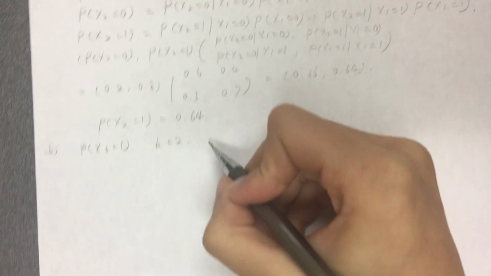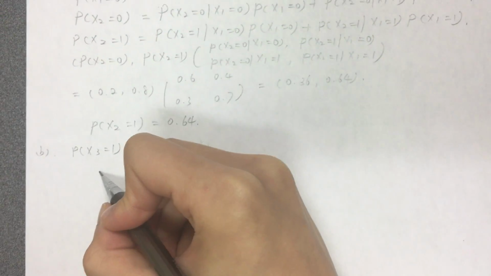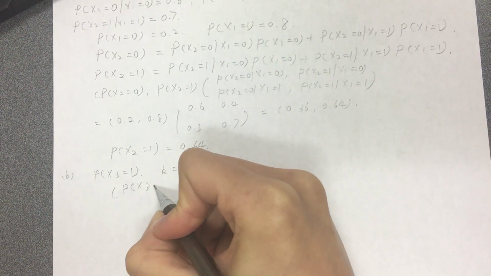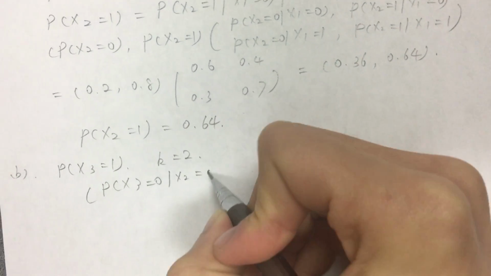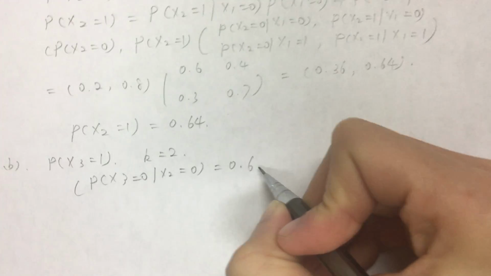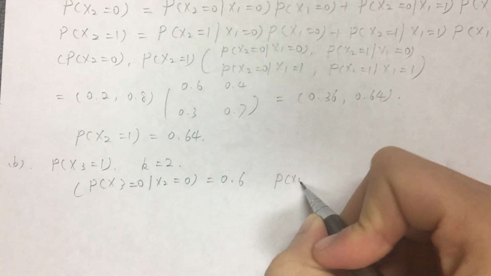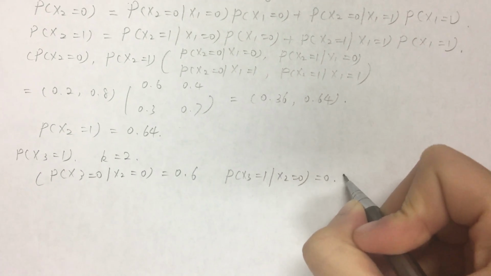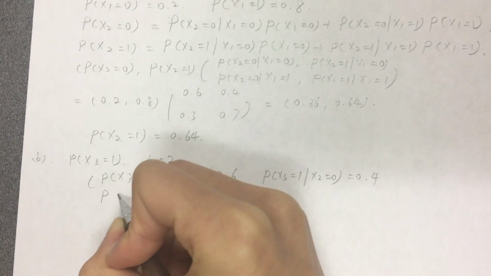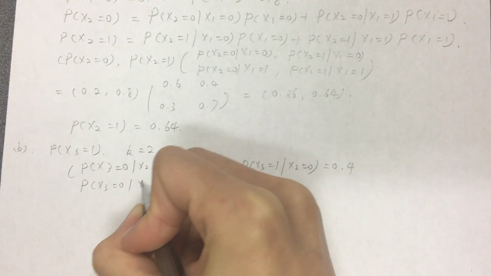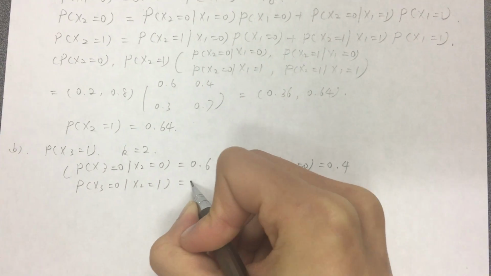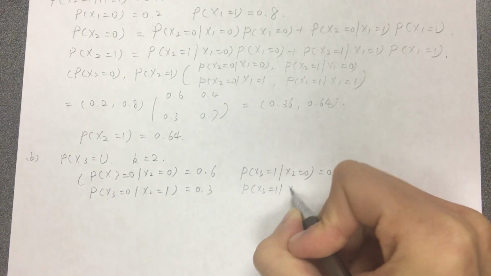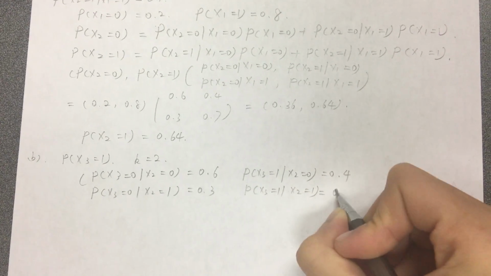Then we can get the probability that x3 equals 0 given x2 equals 0 is 0.6, x3 equals 1 given x2 equals 0 is 0.4, and x3 equals 1 given x2 equals 1 is 0.7.